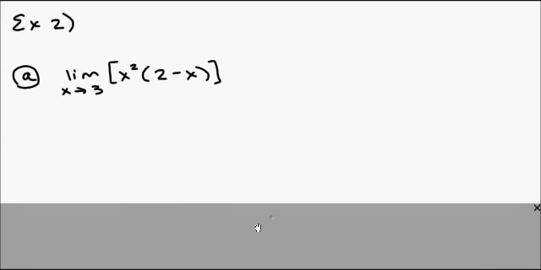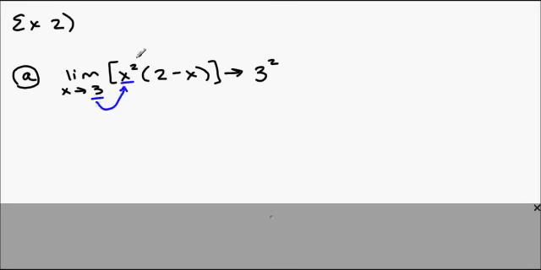Okay, example 2, we are going to find the limits of these polynomial functions. So this becomes 3 squared because we have the x here. This is our c. Plug in the c value for x.